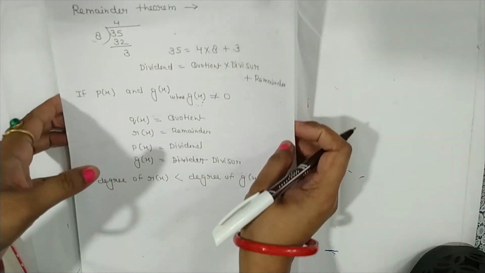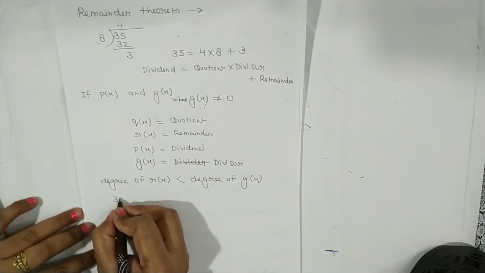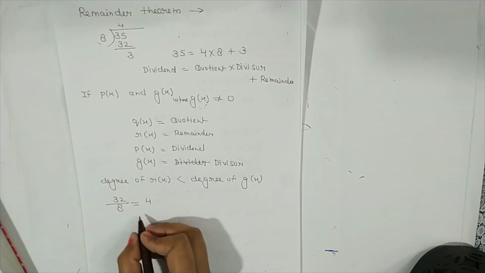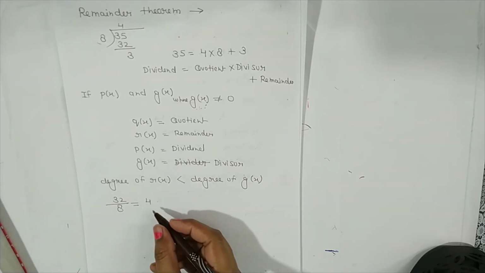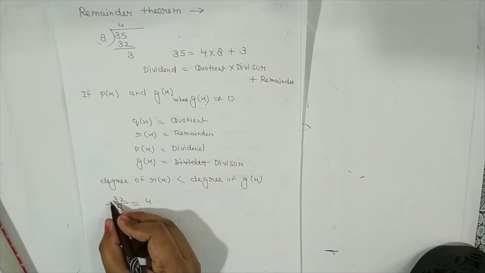Let me explain by a simple example. Suppose I am dividing 32 by 8, the remainder will be 0 because the quotient is 4. So the remainder is 0, it means we can say 8 is a factor of 32.